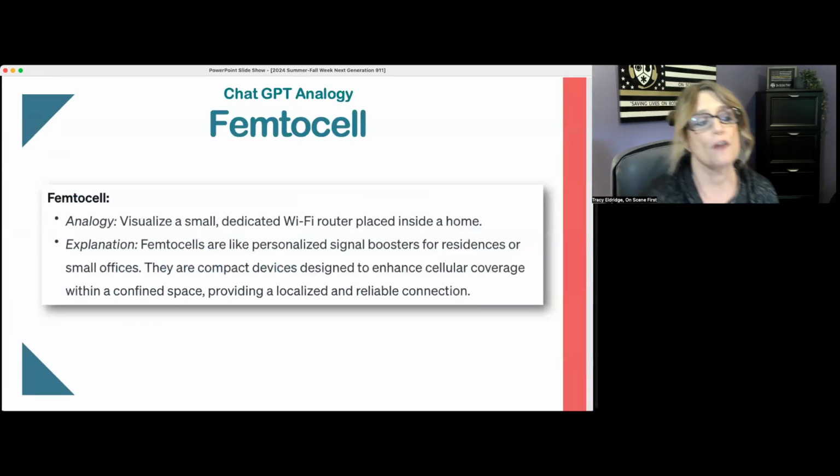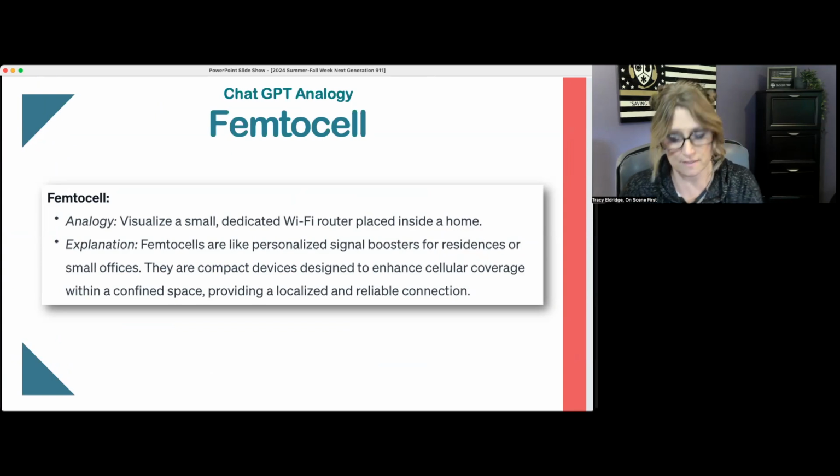The analogy for a femtocell is to visualize a small dedicated wireless router that is placed inside the home that just turns your cell coverage into a Wi-Fi based call and sends that on as if it is a mobile VoIP call.